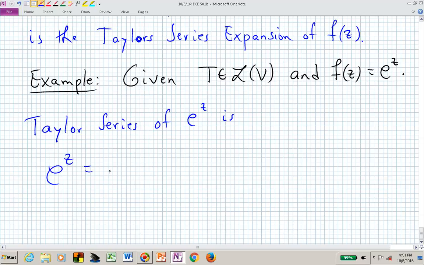E to the z we can write as 1 plus z plus z squared over 2 factorial plus z cubed over 3 factorial, and that pattern just continues.